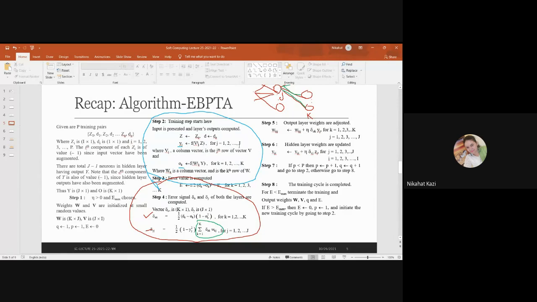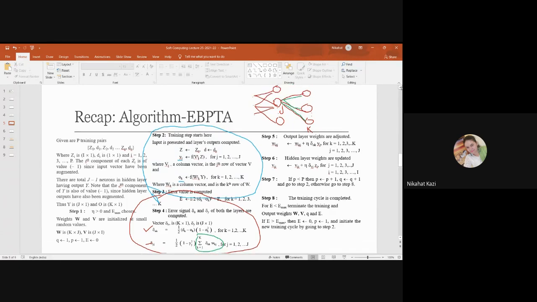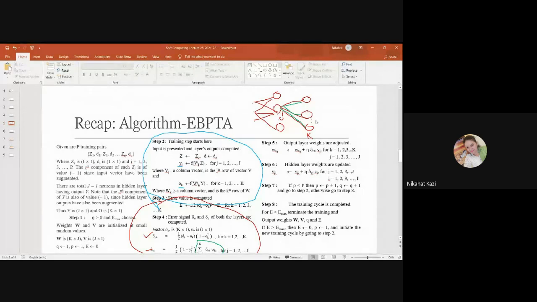Okay. Now what is the problem? The problem is not a problem as such, but there's only one neuron in the output layer. So there's only one incoming weight. So that summation will simply reduce to a product of that weight with the error signal that it is sending.